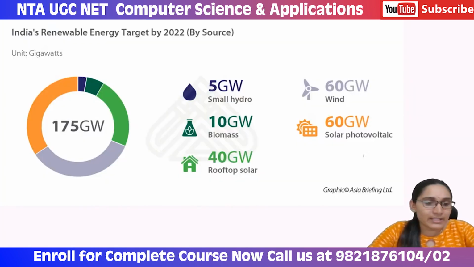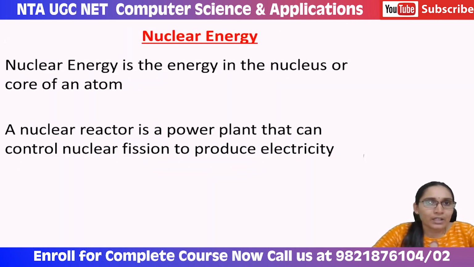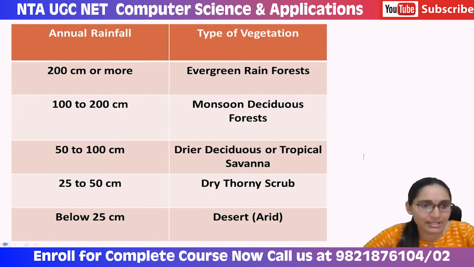Now we were discussing the sources of energy, the renewable and the non-renewable. Yeah, we were discussing the forest, the types of forest. We will quickly go through, even though we have already discussed the slide.